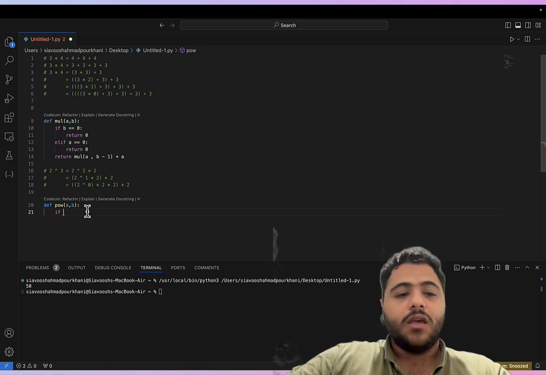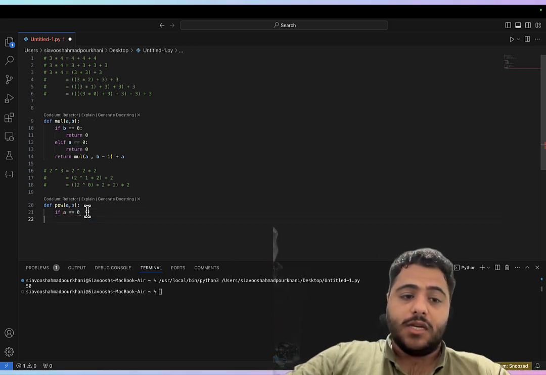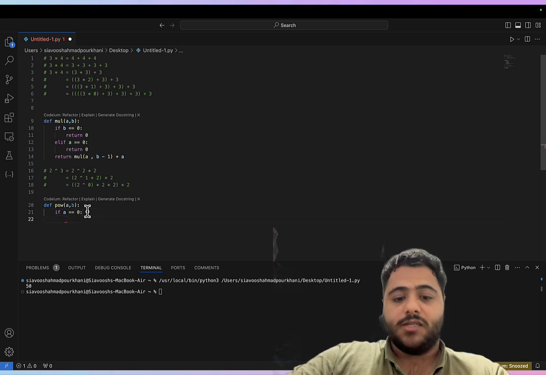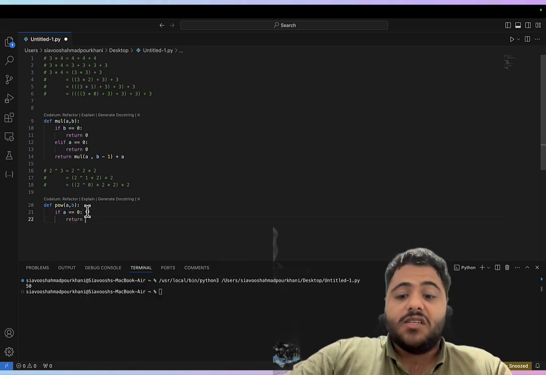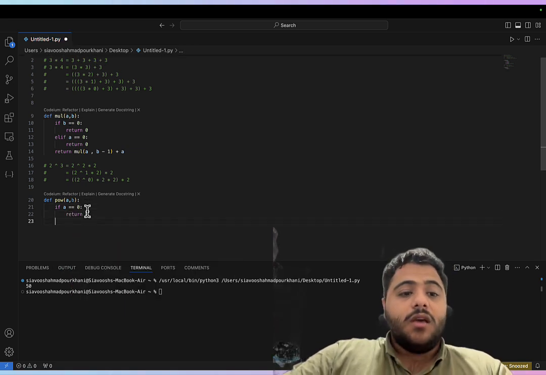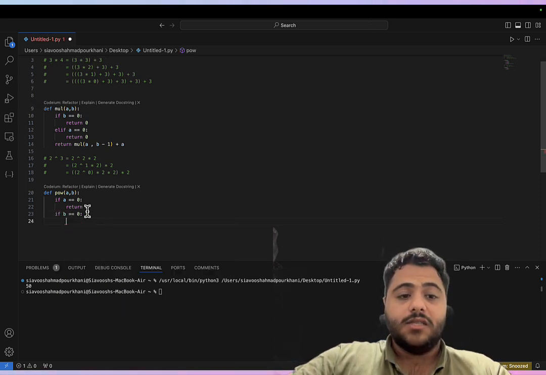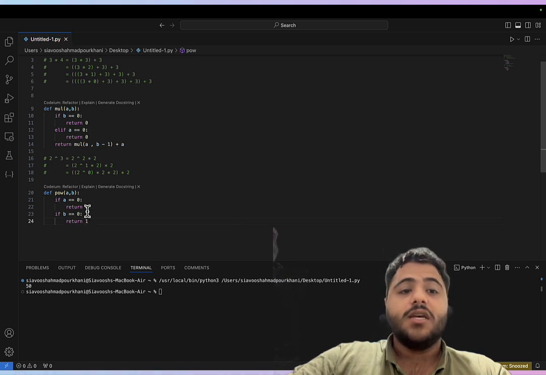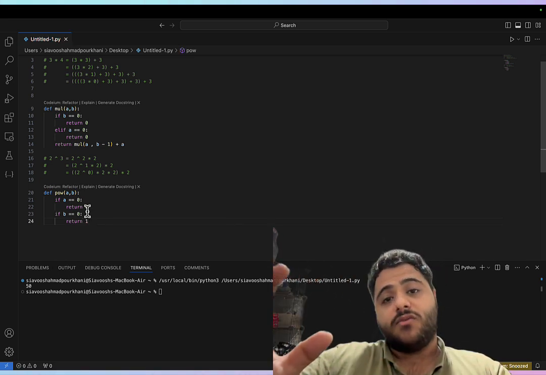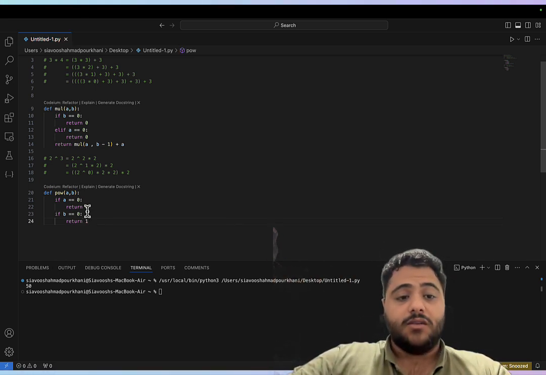So if a was 0, then our answer is actually 0, because 0 to the power of anything is 0. But if b was 0, then the result is 1, because any number to the power of 0 is equal to 1 by the definition.